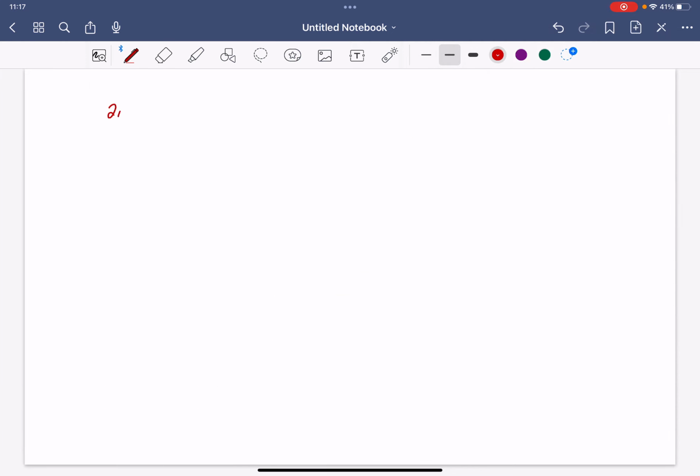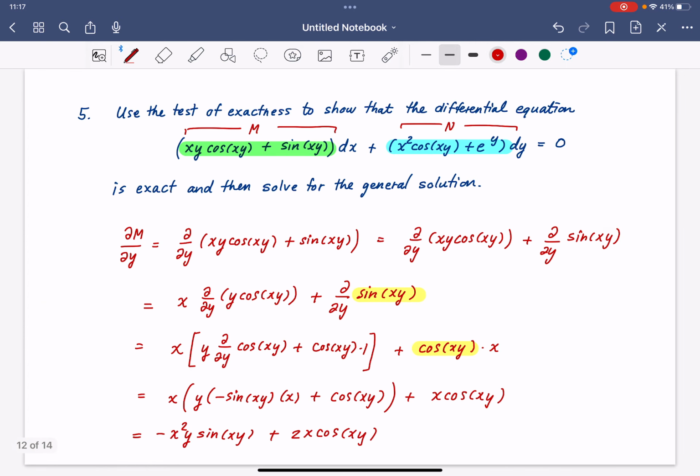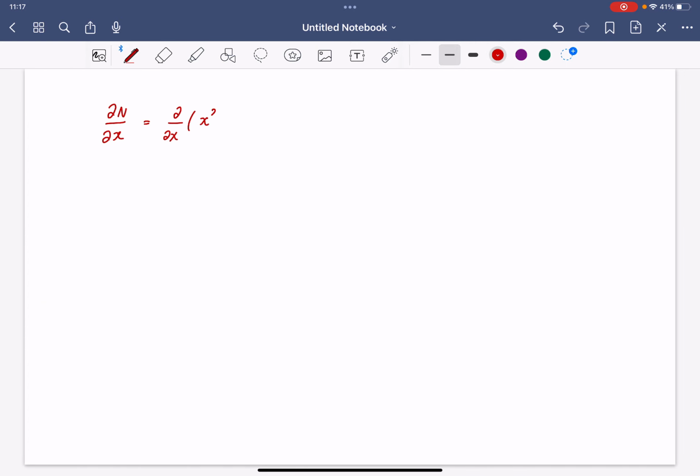We're going to differentiate N with respect to x. So your N is going to be the function here, x squared cos xy plus e to the y. Okay, how do you differentiate this one? So of course you have to split it into this one and this one, right?